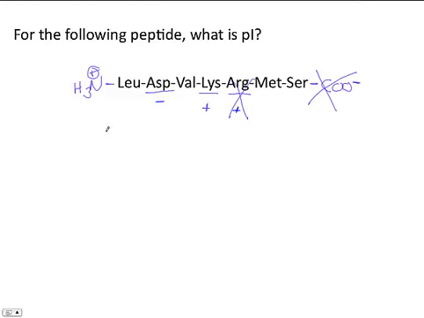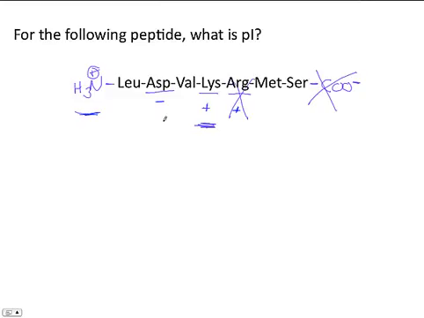So what we need to do is find the point at which the amine group from leucine and the R group of lysine contribute a +1 charge to counteract the negative charge from aspartic acid. This is just like the problem that we did in class where we were calculating the PI for an amino acid like aspartic acid or lysine.